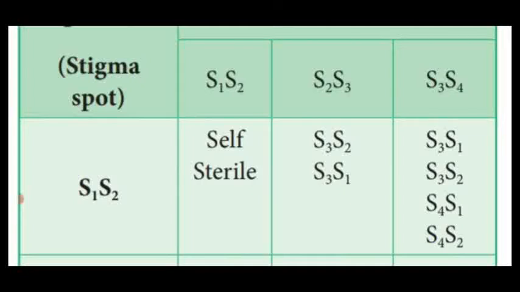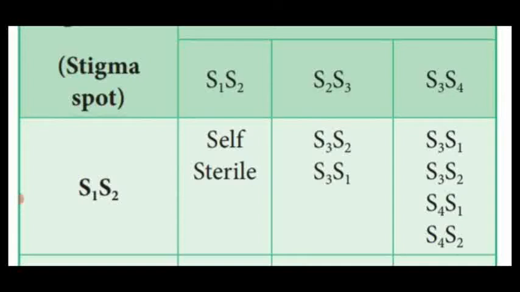Second one, it is crossed with different multiple alleles. S1, S2, S2, S3. So that is S3 and S2, S3 and S1. So how can we calculate? S1 is crossed with S2, S3. So 2 into 1, 2. Then 3 into 1, 3. So S3 and S2. Second one, S2 is crossed with S2 and S3.